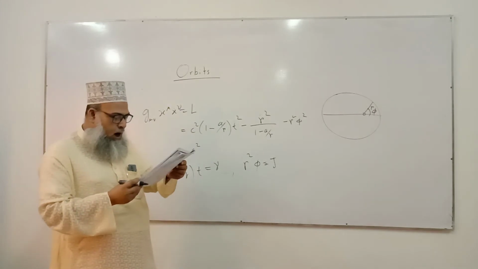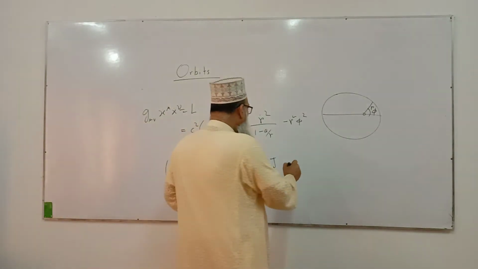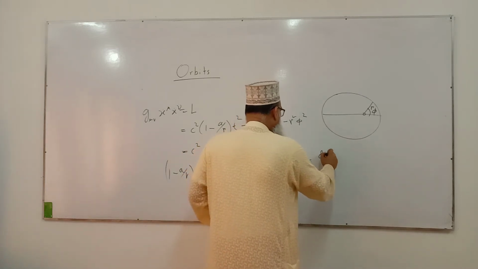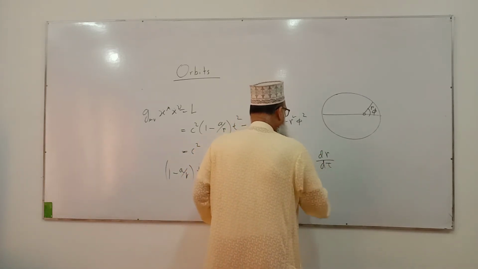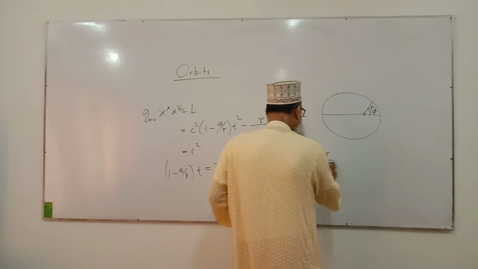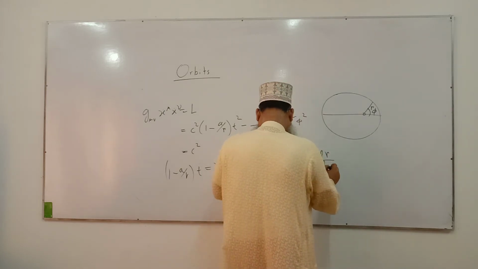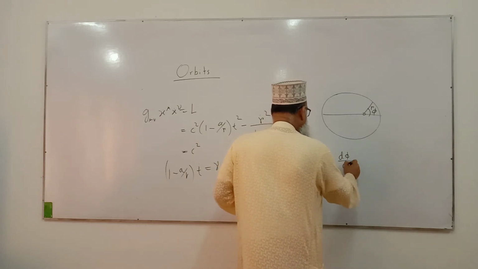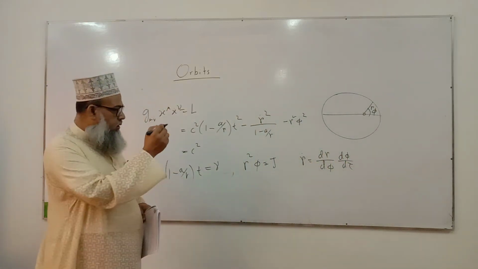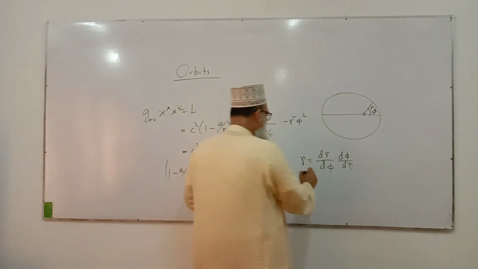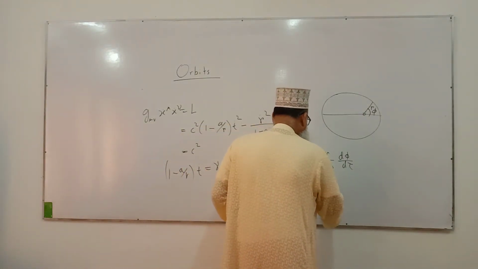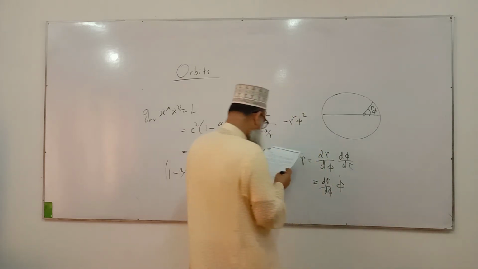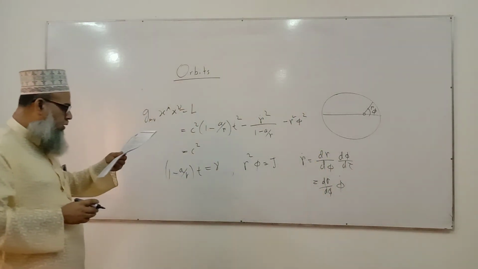Now we can write r dot. r dot equals dr by d tau. Then we can write dr by d phi times d phi by d tau, right? This equals dr by d phi, and d phi by d tau is phi dot, so dr by d phi times phi dot.